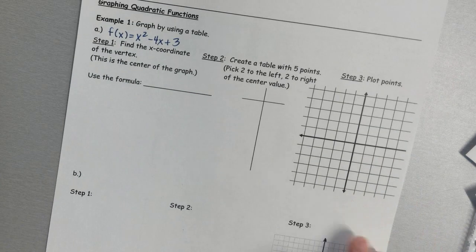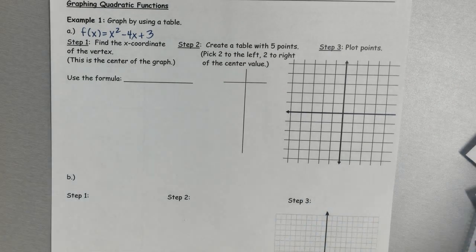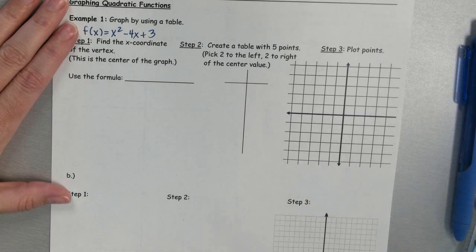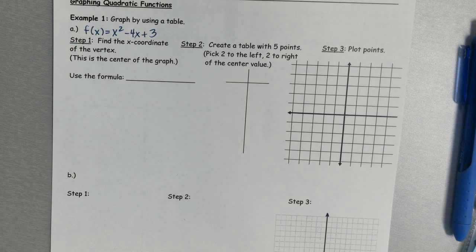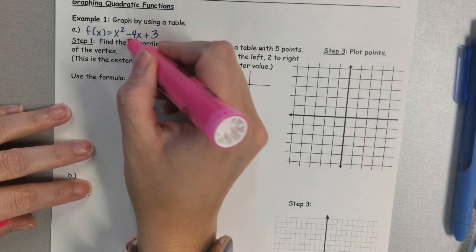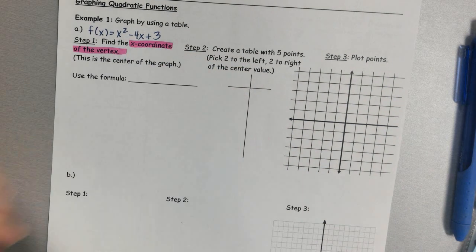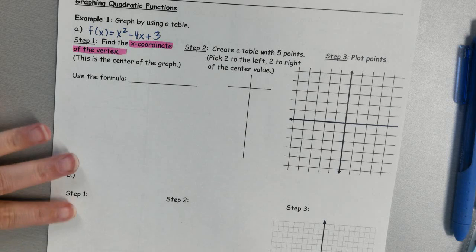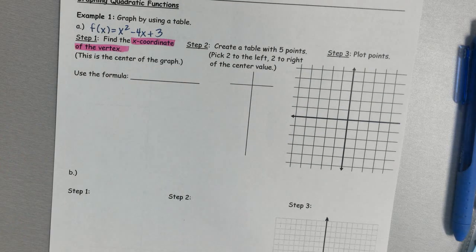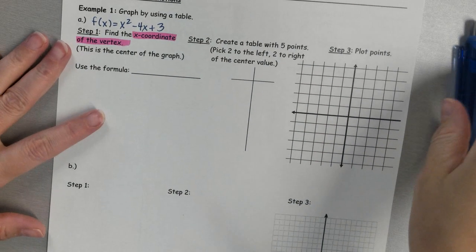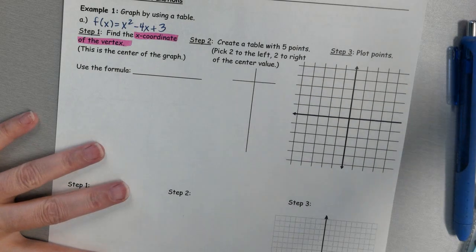There's a reason for that. It has to do with step 1. In step 1, you're finding the x-coordinate of the vertex. You're always going to find that first. And the reason why you want to find the x-coordinate of the vertex is because the vertex is going to be the center of the graph.